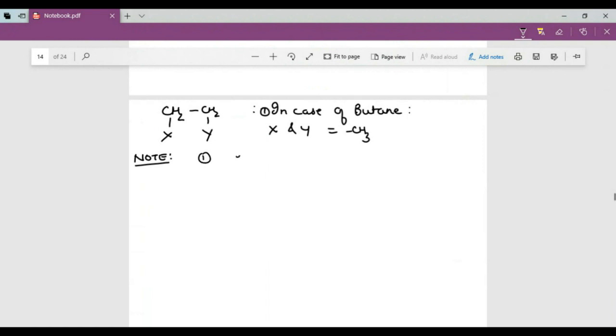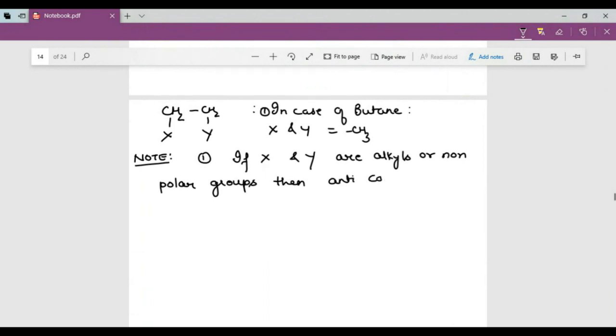Point number one, if X and Y are alkyls or non-polar groups, then the anti conformer is the most stable one.